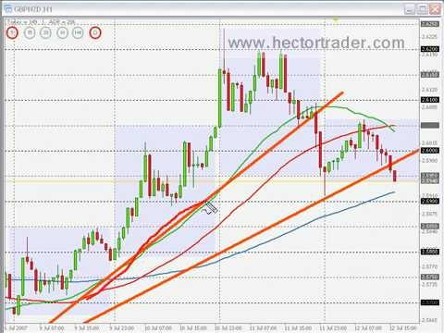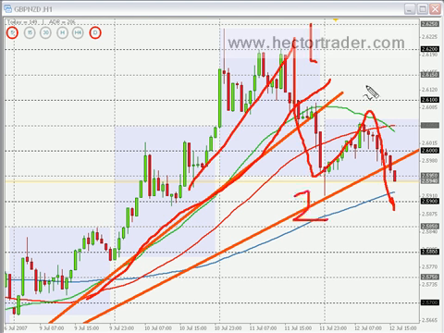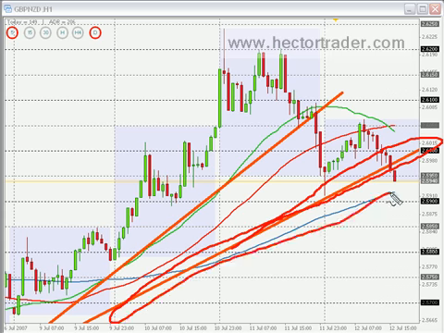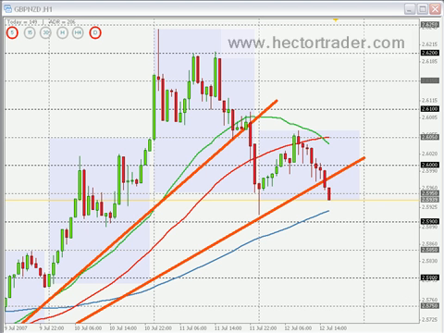The first one that's been broken with a 1, 2, 3 reversal formation, explained in chapter number 3 of the course, and now we are breaking the second retracement trend line, and as we make new lows for the day, below the 2.59 round number level.